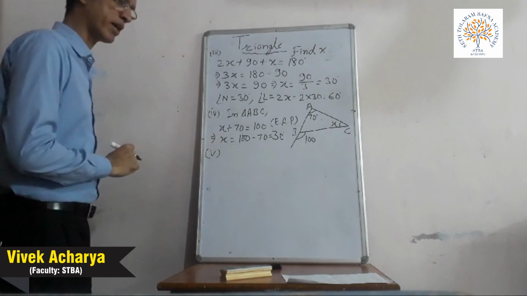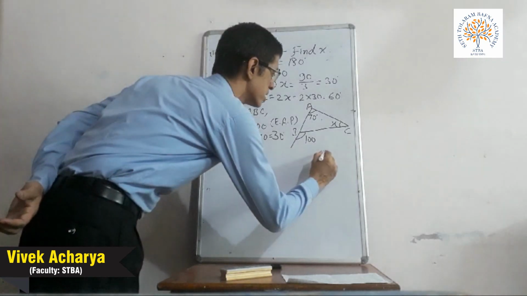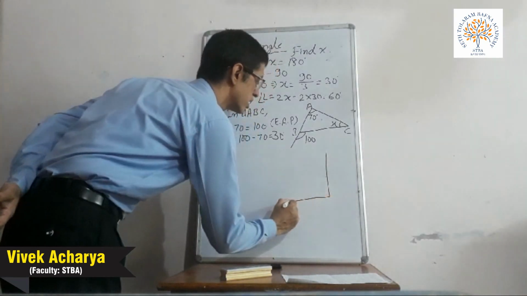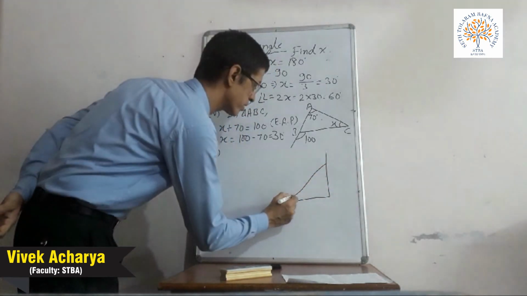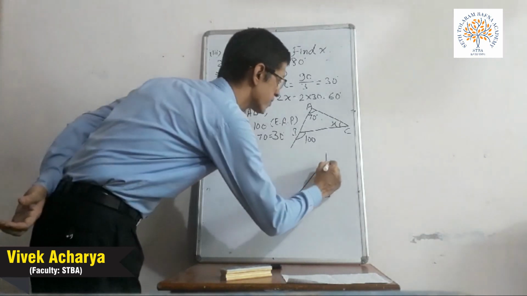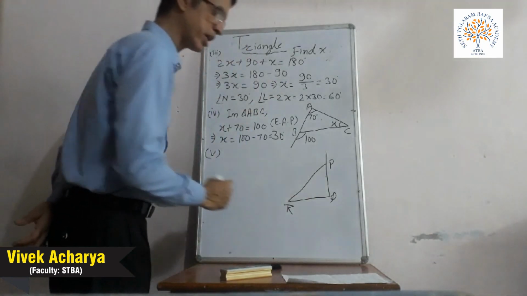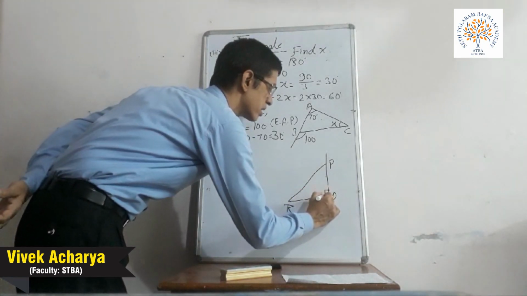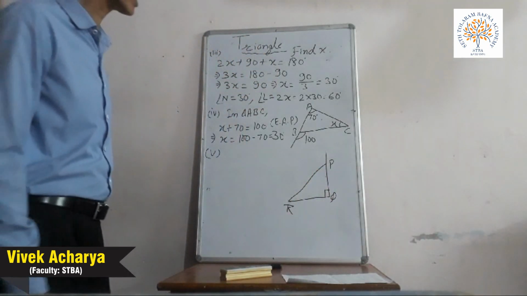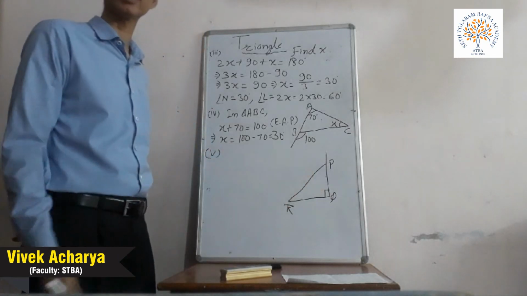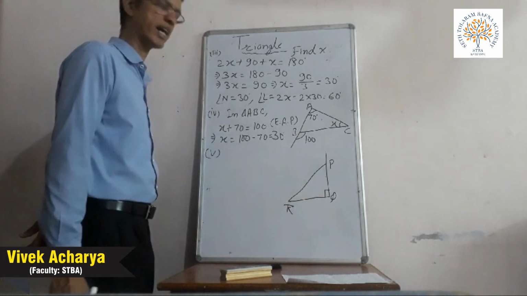Look at the fifth part, fifth question here. If you are given once again a triangle, I make this any triangle and we can give any name to this triangle, PQR. And children, I am making this symbol here. And as I explained to you, by this symbol, you can say it is a 90 degree angle. This symbol always shows it is a 90 degree angle.